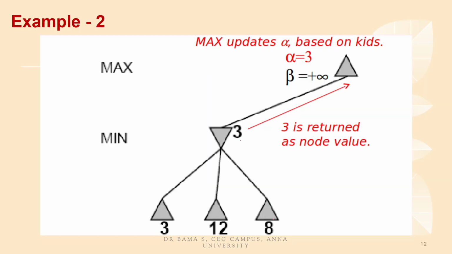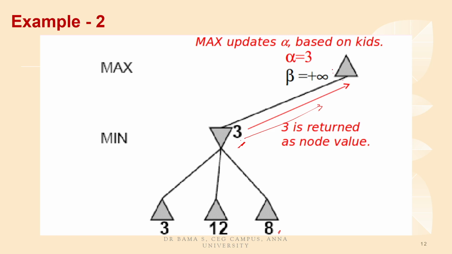Now, in the next stage, minus infinity and 3, this will go here and this will check for 12. Again, minimum of 3 and 12 is 3, and minimum of 3 and 8 is again 3, and this 3 value is going to go back here, and this will go to the root node.